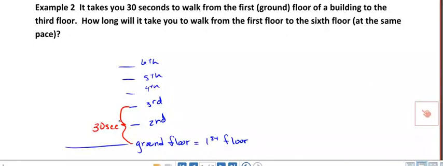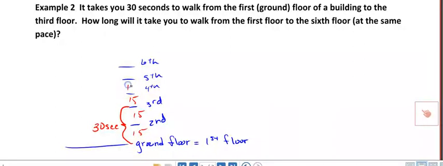Well, I didn't walk up 3 flights, 3 floors. I only walked up 2. I went from the 1st to the 2nd and the 2nd to the 3rd. So if that took 30 seconds, then it should be 15 seconds per floor, because I only walked up 2 floors. Then to go from the 3rd to the 4th is 15 seconds.